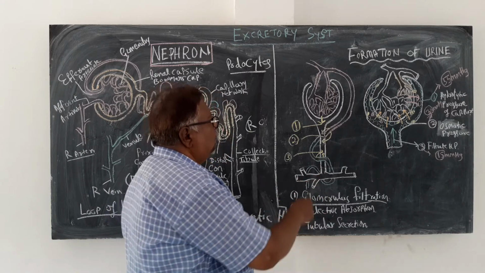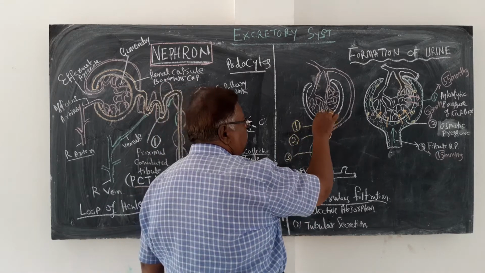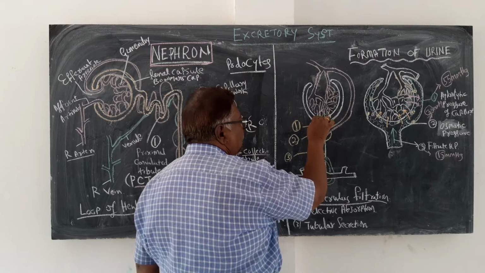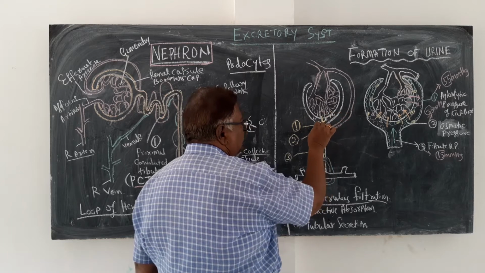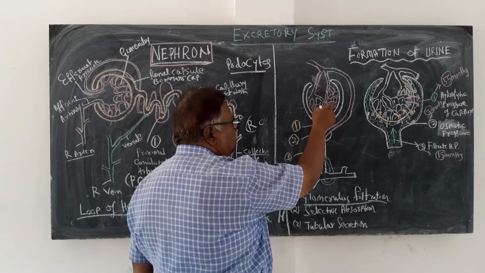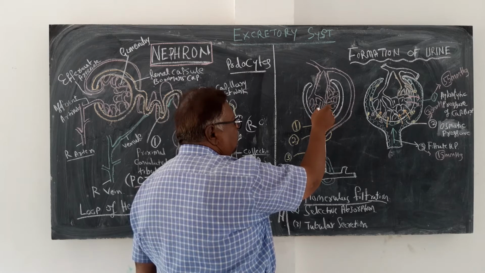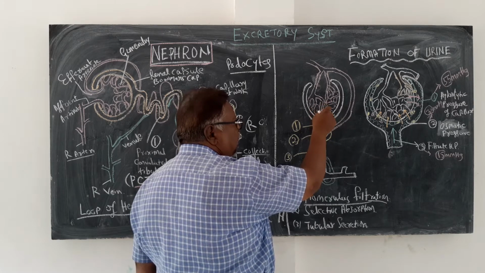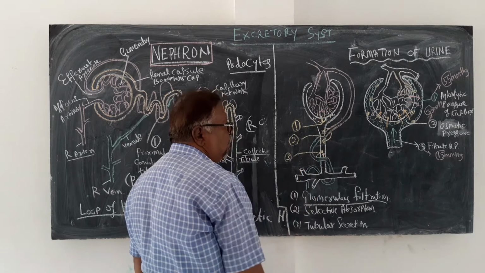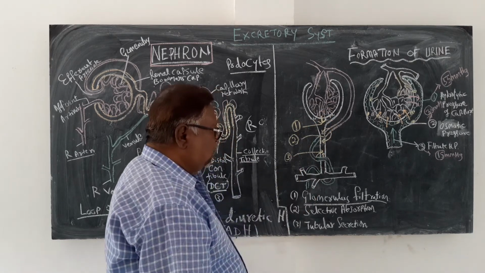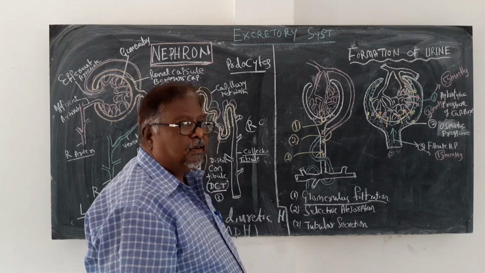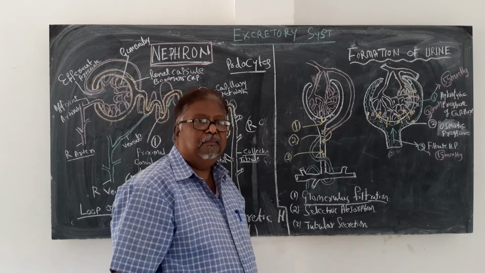So here in the first phase, the waste material is thrown out into the Bowman's capsule by the glomerulus. From the glomerulus or the capillary network, the blood which contains the nitrogenous waste materials is given out into the Bowman's capsule first.